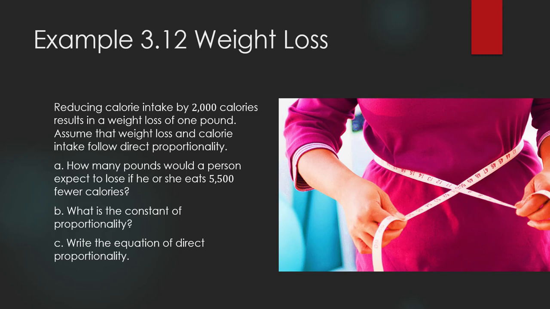Okay, so if you have to take away 5,500 calories from the usual food that you eat, what would be the corresponding loss in weight? And we are assuming here that the relationship between weight loss and calorie intake is one of direct proportionality.